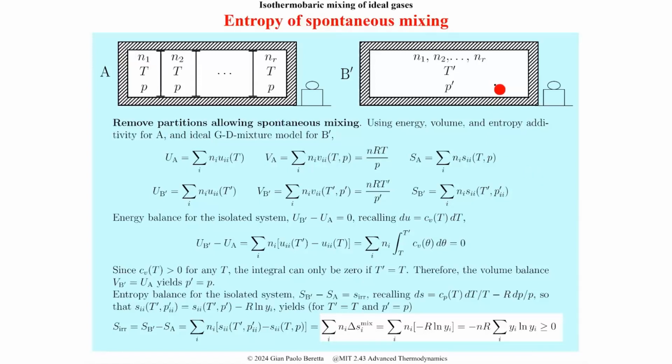In the final state, things are not as simple because it's a mixture. So we have to take a model for mixture behavior. So here we're going to adopt the ideal Gibbs-Dalton mixture model for this state.